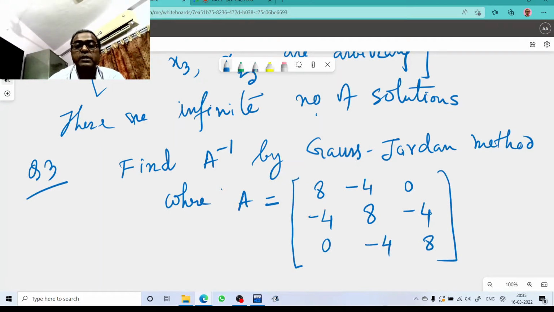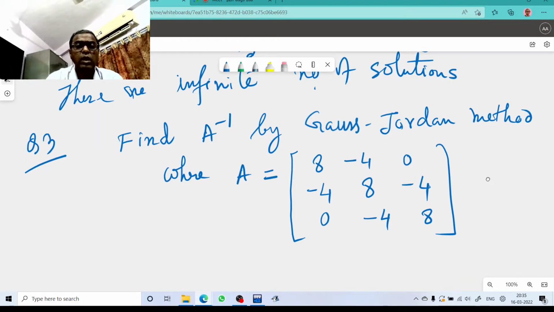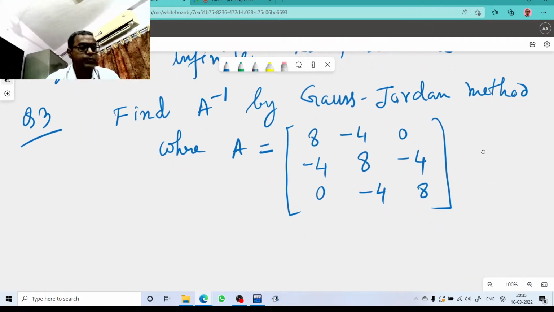This is the matrix. Now we want to find the inverse. We assume that this is a non-singular matrix, so the inverse exists for this matrix.